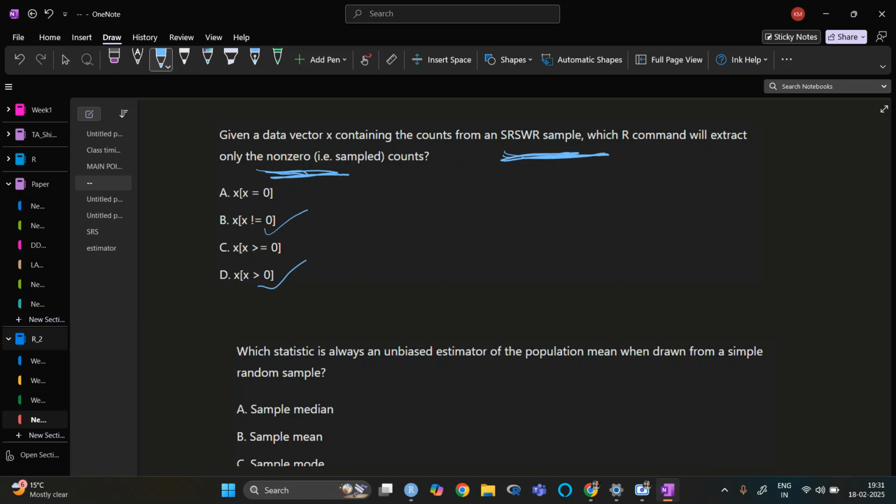In general, only non-zero counts are covered by x not equal to 0. If there were anything less than 0, it would also count, but in the sample we do not have less than 0; there is nothing like minus 1 sample. So we can also take x greater than 0, so B and D are both correct answers here.